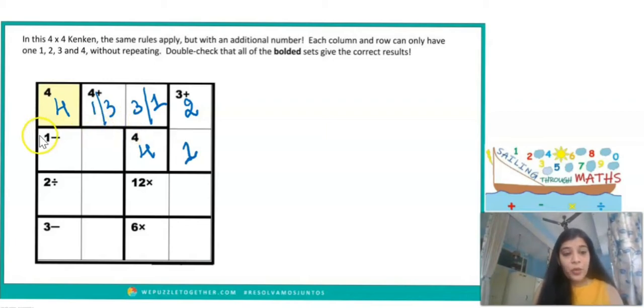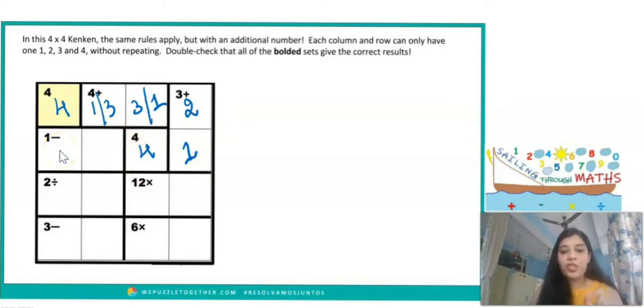Now, if you look into this grid, only two numbers are there, 3 and 2, right? What are the two numbers which are going to come in this grid? They will be 3 and 2. Why 3 and 2? Because 1 and 4 are already used in the second row. And if 1 and 4 are already used, the only two numbers which are remaining here are 3 and 2.